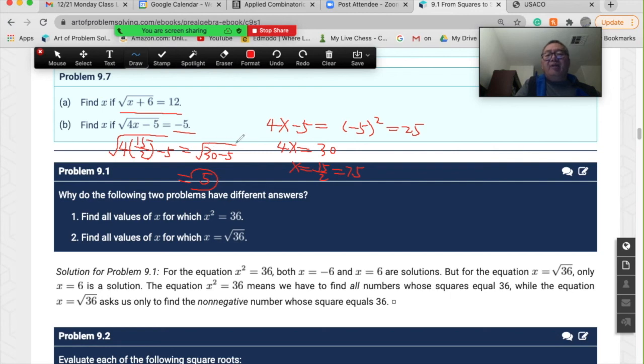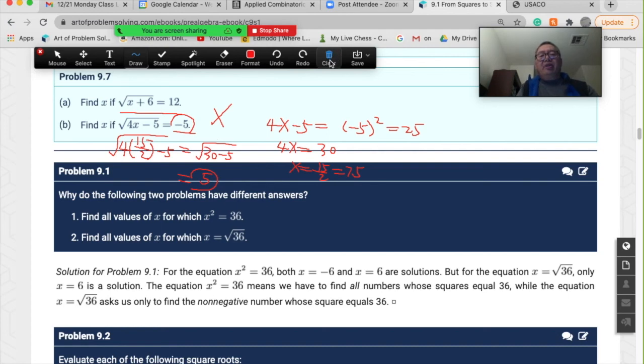The mistake you make is because this one's negative. Both sides should never be equal, but you still square both sides. Then you introduce a wrong answer to this equation. Basically this equation has no solution, but after you square, you introduce a wrong solution.